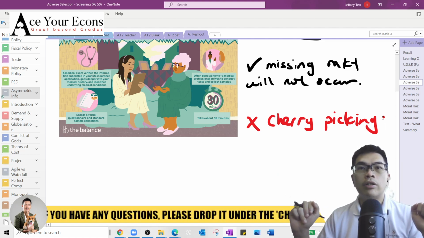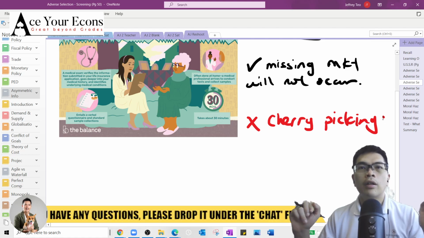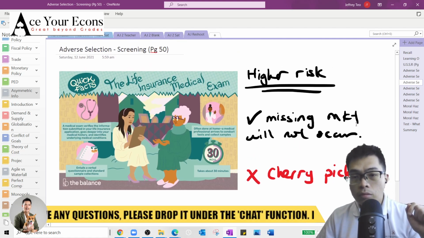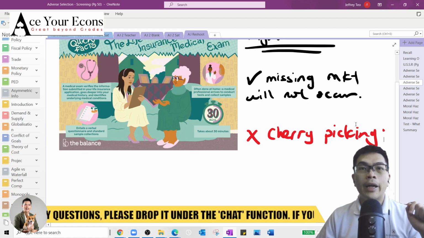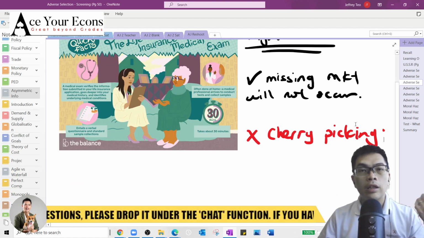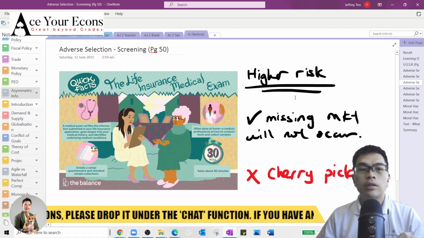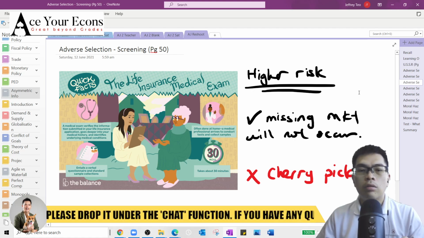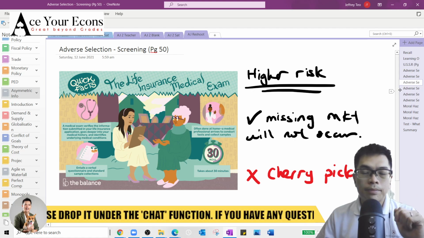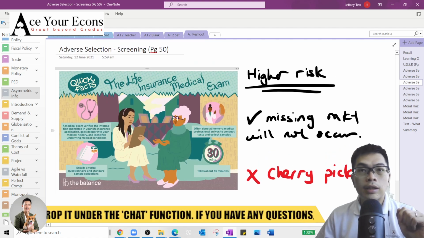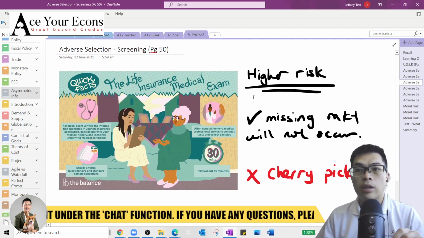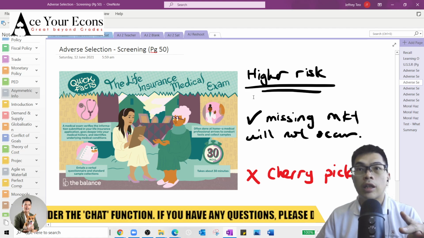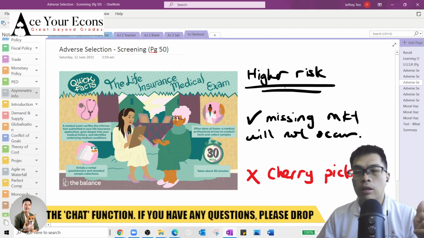Then you see that there is no man being left behind. But for this, you realize that if you want to buy a private insurance, you are subjected to this screening. So this is a private solution to address adverse selection in the health insurance market. Clear? Yep.